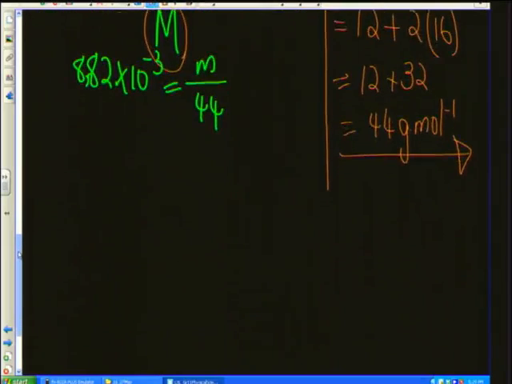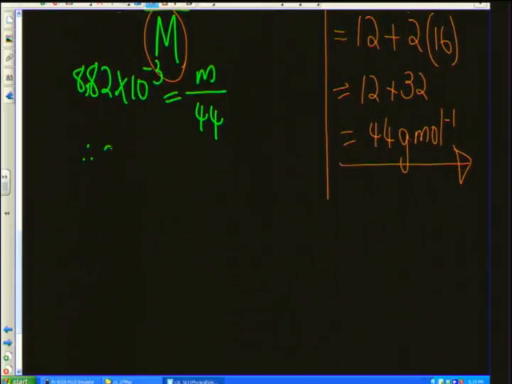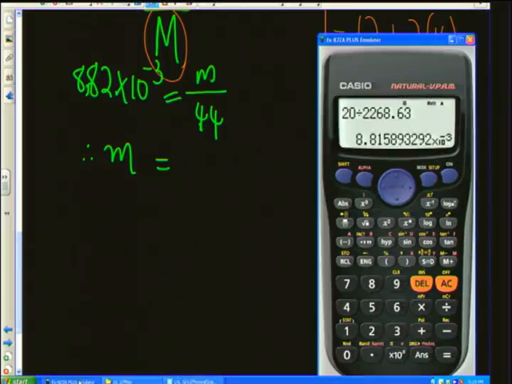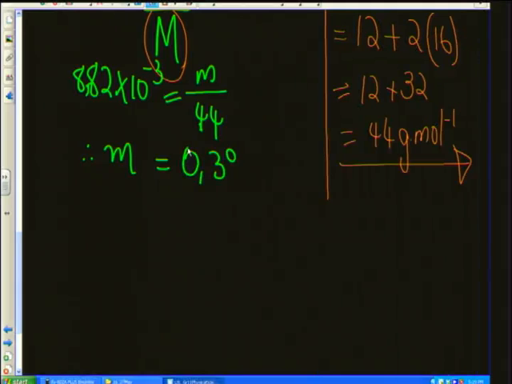So the mass will be equal to 44 times 8.82 by 10 to the power minus 3. I multiply by 44, and what do I get? 0.39 grams. So that is the mass of carbon dioxide that I have in that container.